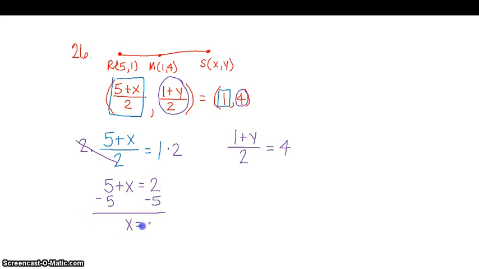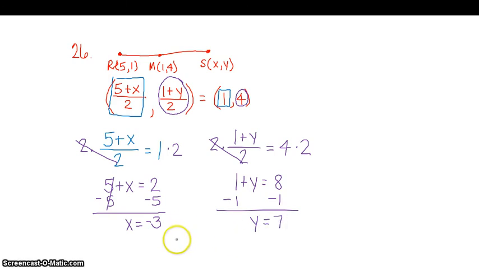So then x equals -3. Over here, do the same thing. Get rid of divide by 2, so multiply by 2 on both sides. So we get 1 + y equals 8, minus 1, so y equals 7.